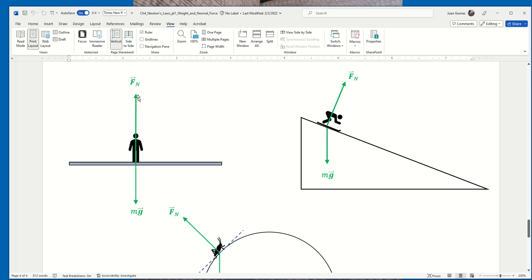It's this green vector Fn. Notice the green vector originates from the surface and pushes on the object. You draw it through the object, pointing away from the surface, because it's the force of the surface pushing on the object.